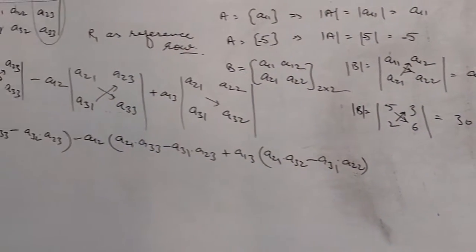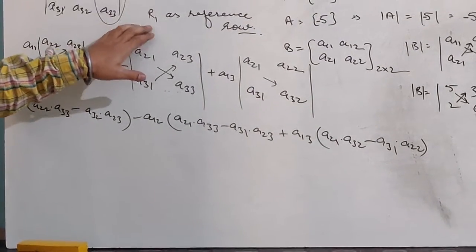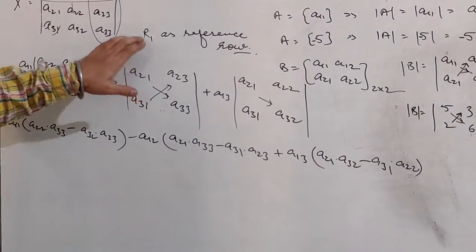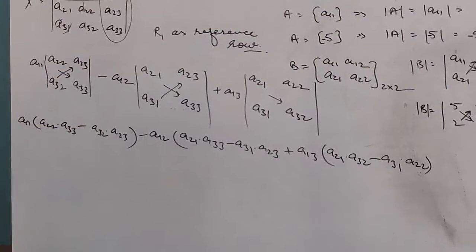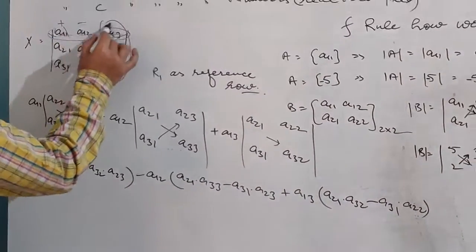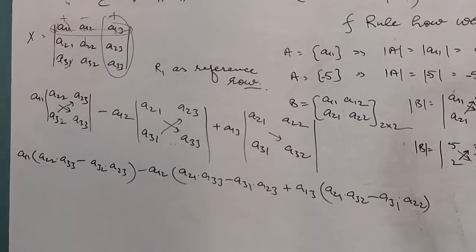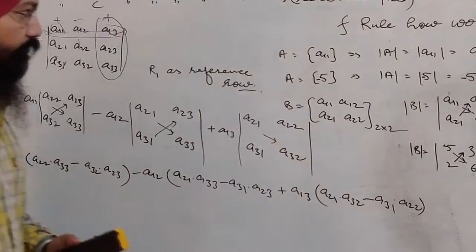So this is how you can evaluate this determinant. You will have to take one row as the reference row. I have taken R1 as the reference row, and the signs used are plus, minus, plus. You will have to take care of this as a convention and remember it.